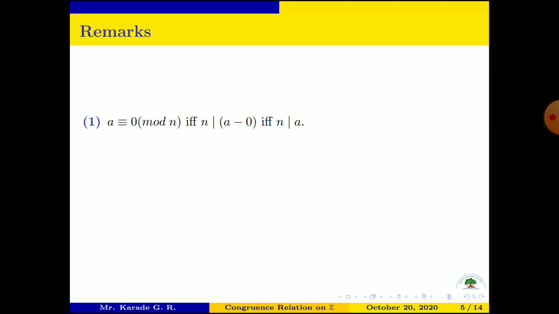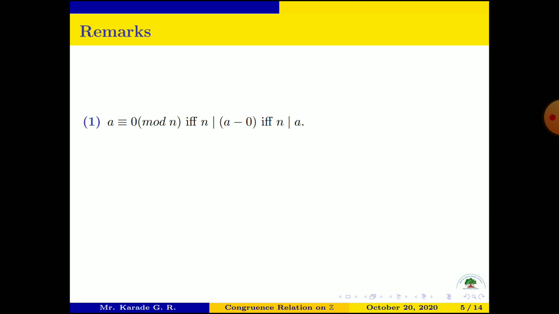So here for example 5 divides 10. So we can say that 10 is congruent to 0 mod 5. Okay. One more example. 3 divides 9. Therefore, we can say that 9 is congruent to 0 mod 3.